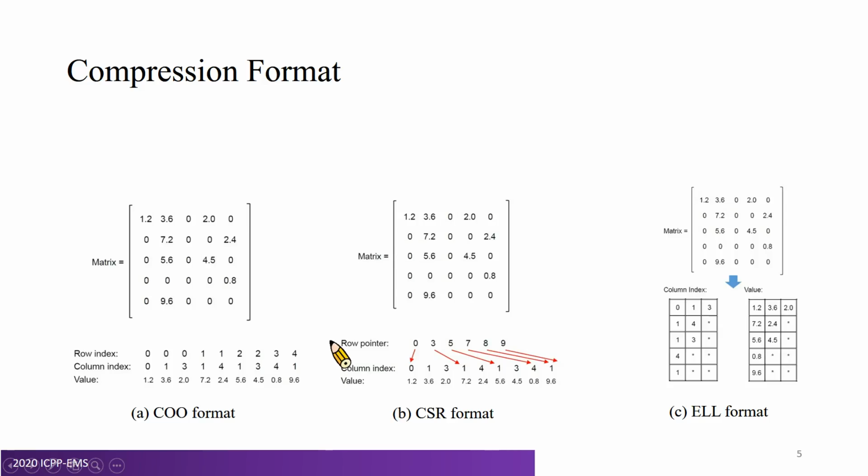The difference is that COO stores the row index, but CSR stores the row pointer. Compared with COO format, CSR format can access the rows more quickly, while in contrast, in the ELL format, matrices are compressed into two-dimensional arrays, which are used to record the column index of non-zero elements and their value.